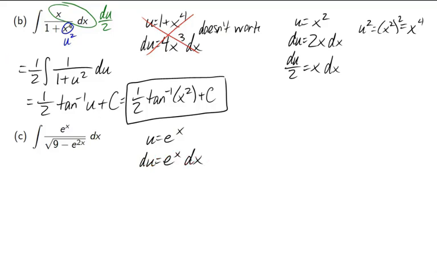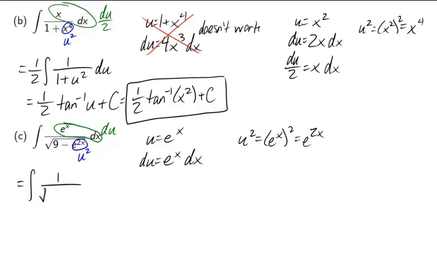This will be our setup. Then this is my du. And then let's try u squared like I mentioned. U squared is e to the x squared, which is e to the 2x. This part is u squared. Good. So I have the integral of 1 over square root of 9 minus u squared du.